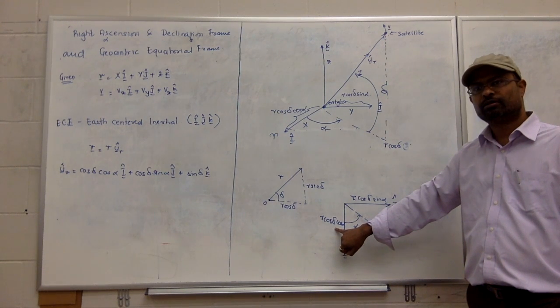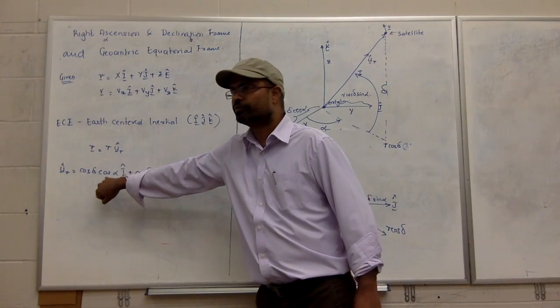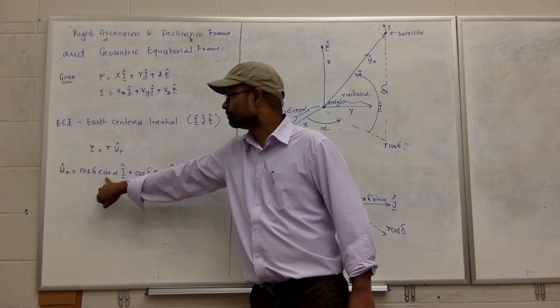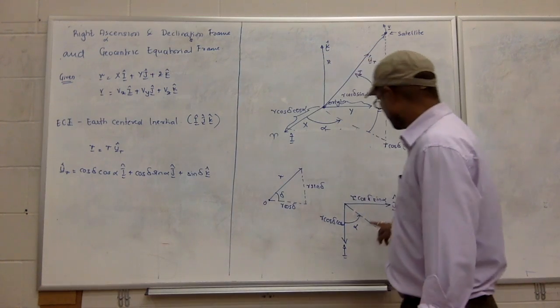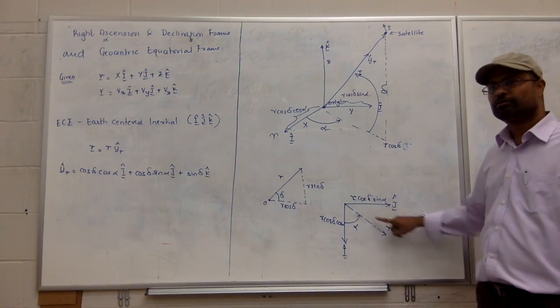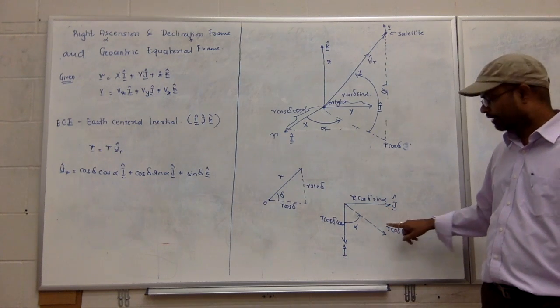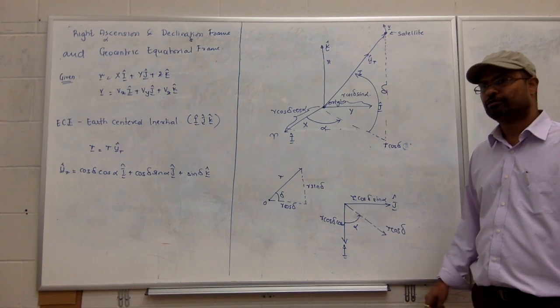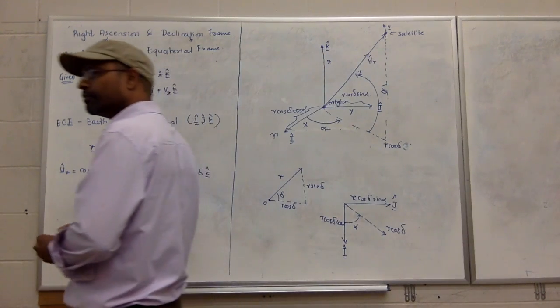That's your Y, and there's your I. That's where you say cosine delta, for the delta angle. This is already cosine delta. That's the first one to figure out. So I've just added cosine alpha. Okay, I got you.